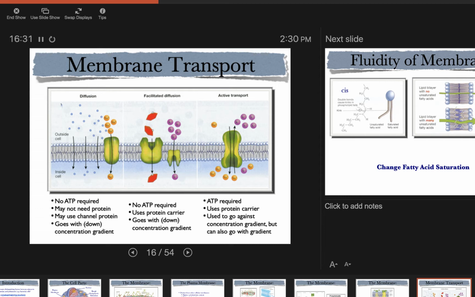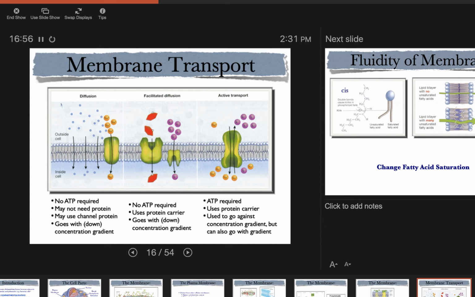What does the active mean? Needs ATP. The advantage is it'll run against a gradient. So in this case, this is showing the sodium-potassium pump, and no matter how much sodium is inside this cell, for example, on this side, more sodium can continue to do this.